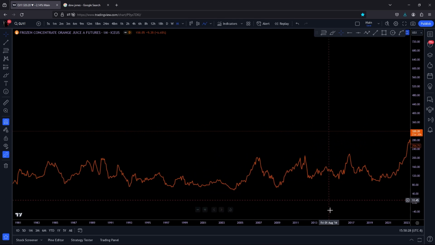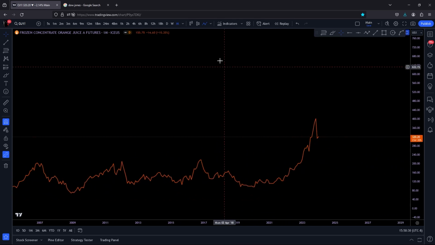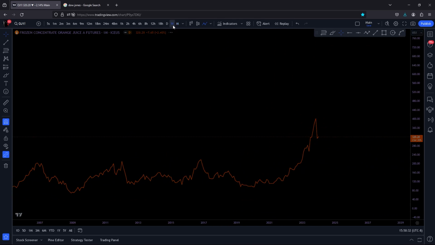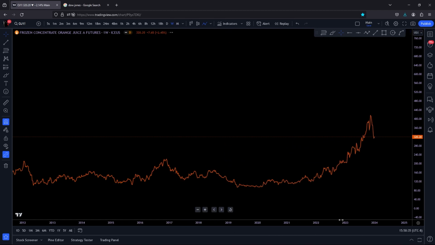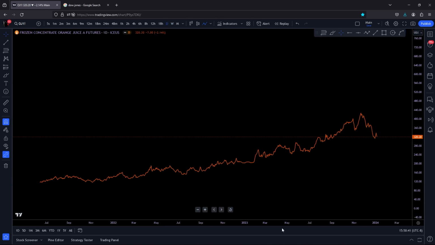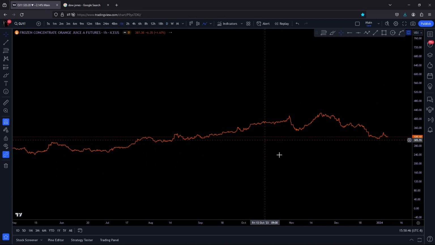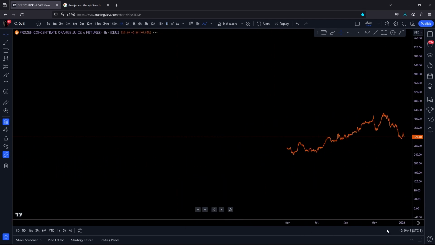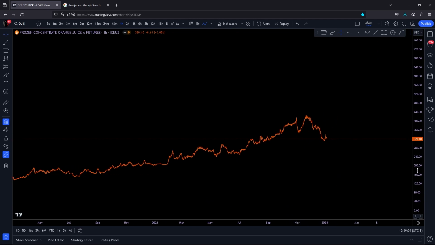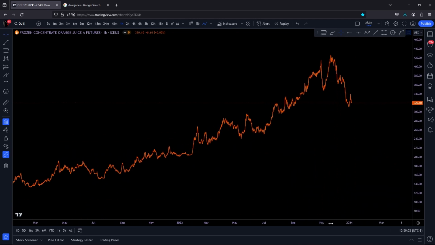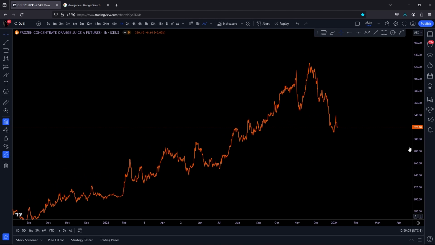The more you zoom in, let's go to the weekly chart, the more detail you see, the more trends you identify within the primary trend. We go to the daily, you're going to see more trends. And if you go all the way down to the hourly and squish this chart together, you'll get more detail in the price movement. So that is kind of the origins of record keeping.